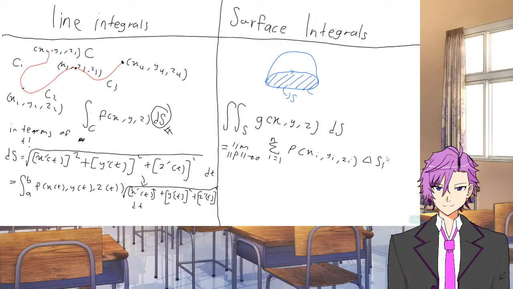So that is the Riemann sum for the surface integral. It's pretty similar to the line integrals, but different in terms of their overall shapes, I think, and the type of integrals used. But surface integrals still use the same concept as line integrals.